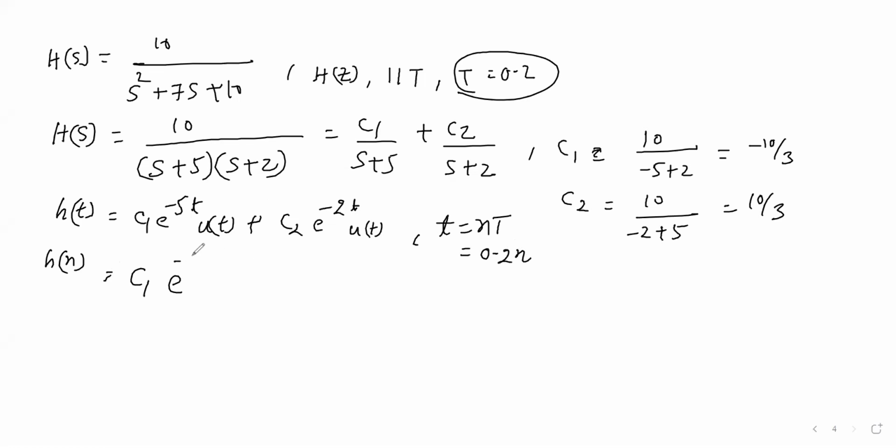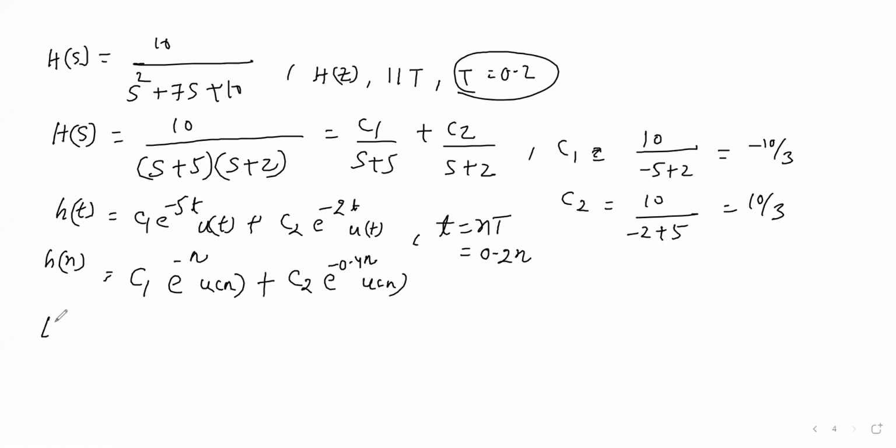Then 5 multiplied by 0.2 means 1, so C1 e to the power minus n u of n plus C2 e to the power minus 0.4n u of n. Then simply find the Z transform.